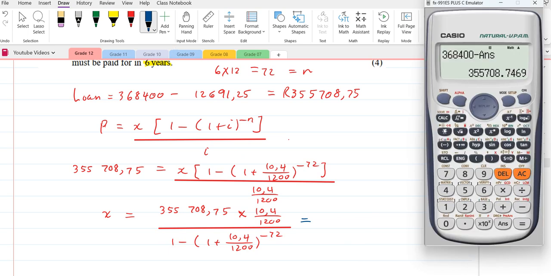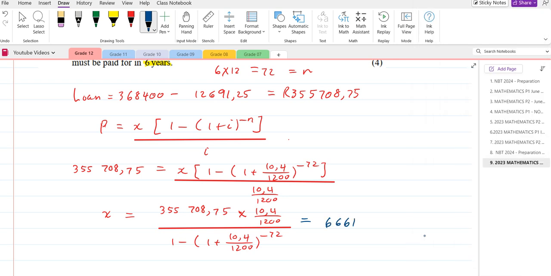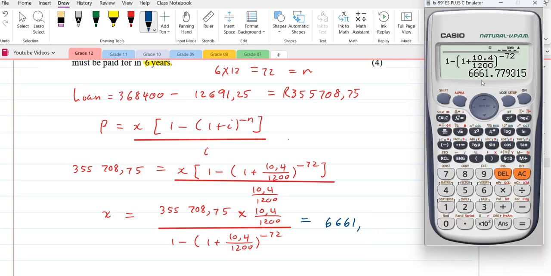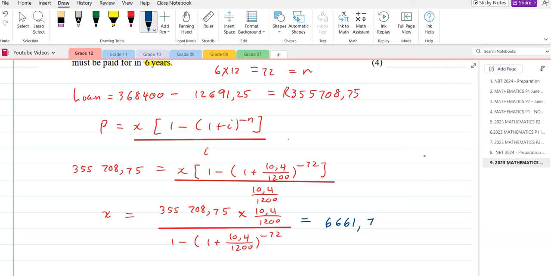So we're going to take fraction 355,708.75 times 10.4 over 1200 divided by 1 minus 1 plus 10.4 over 1200 close, to the power negative 72, right, and the answer we get is 6,661.78, right.